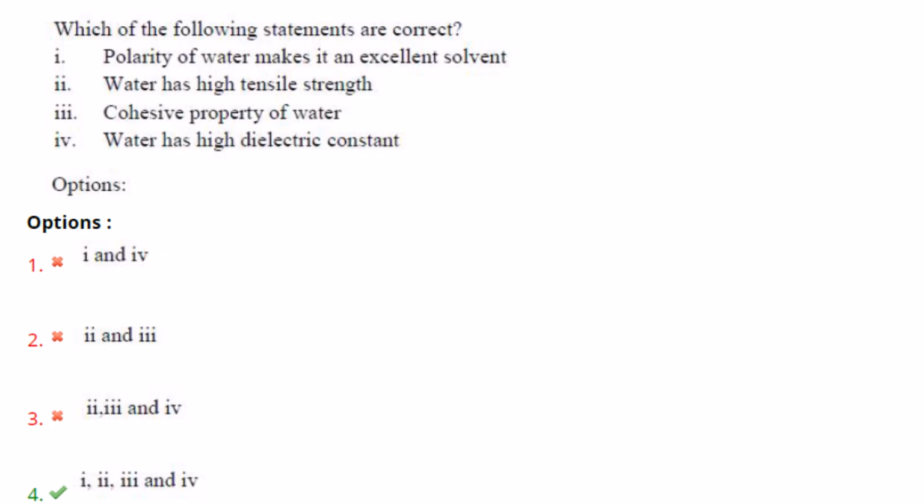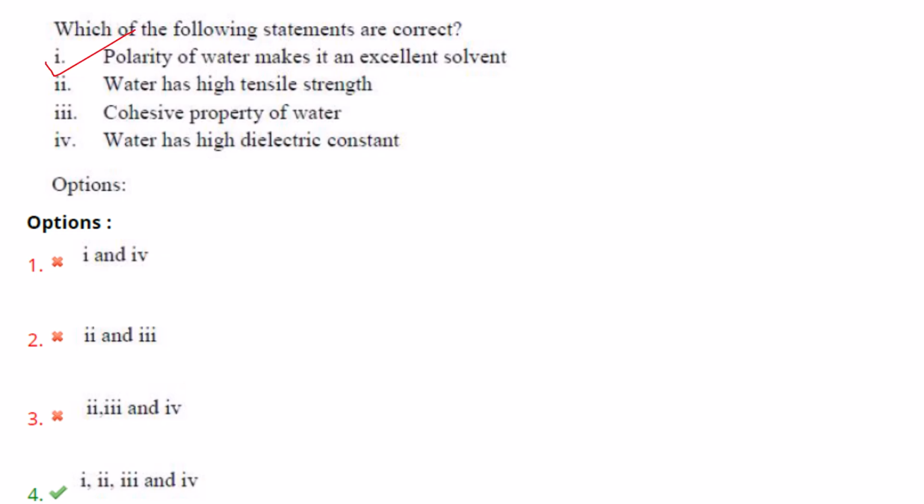Oxygen has a partial negative charge and hydrogen has a partial positive charge. That is what is meant by polarity. Because of this polarity, water can attract other polar molecules and dissolve them in water. So it makes an excellent solvent.